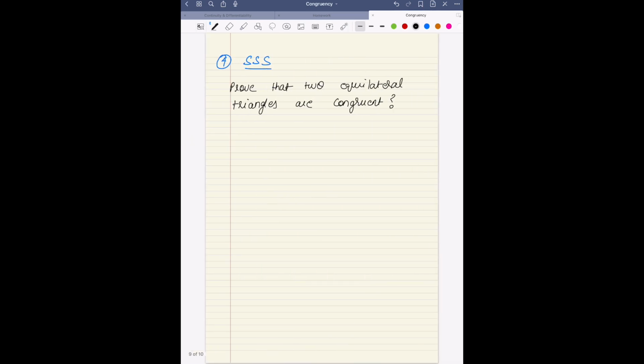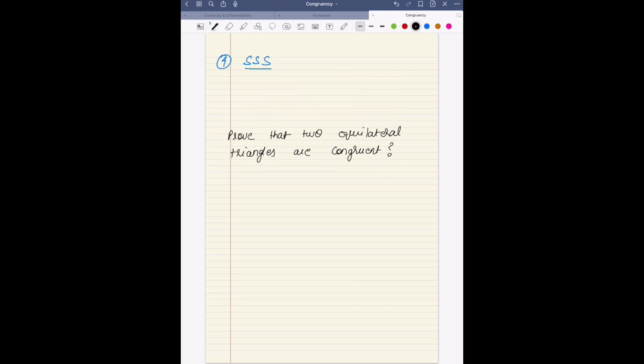Moving on to the fourth criteria, it's called SSS, and probably this is the easiest. What it means, as you can see from the name, is all sides are equal. It shortly means all corresponding sides are equal. Let me quickly show you through a small diagram what it means.